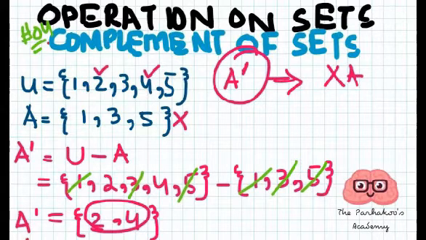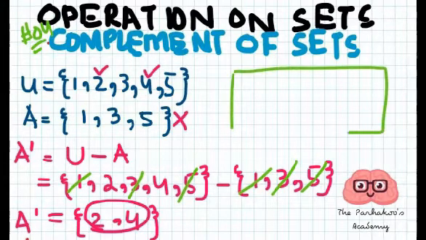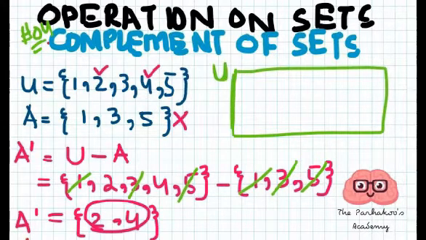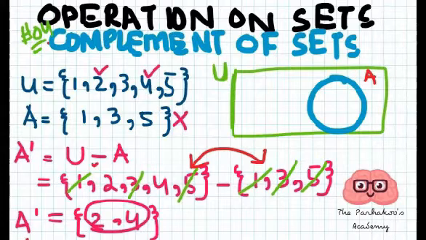So I hope you get the idea. Now let's draw the Venn diagram. Venn diagram of a universal set is always a rectangle. So this is the U set, and inside U we have A, which is here, and in A, if you see here, we have 1 3 and 5 common.